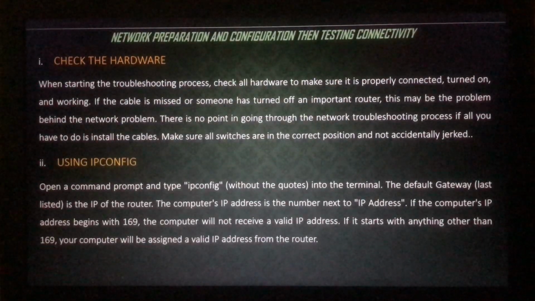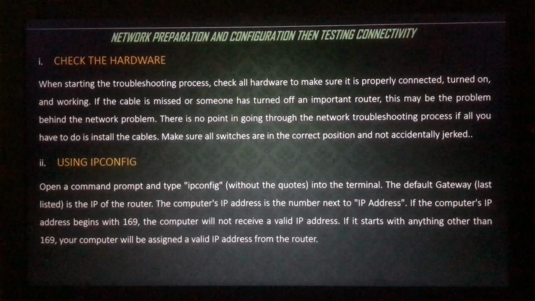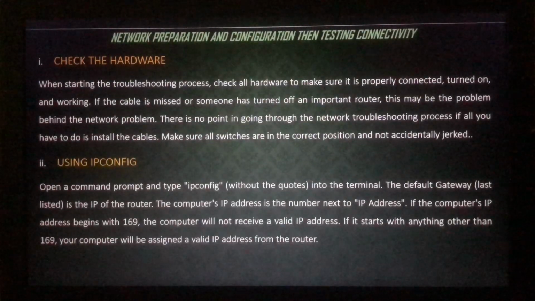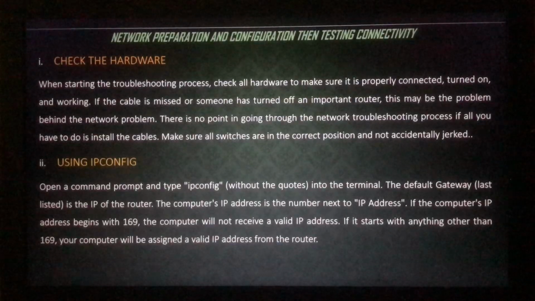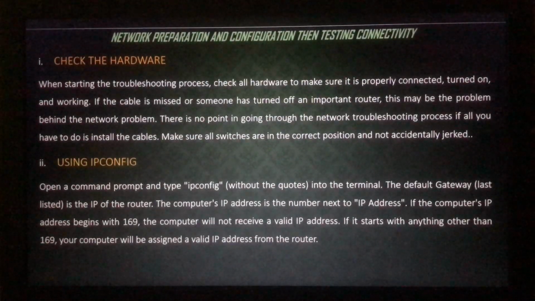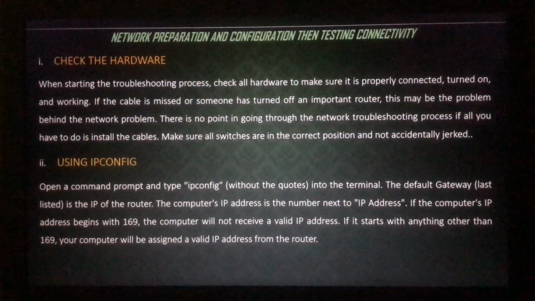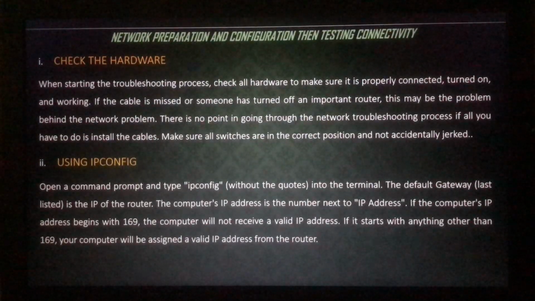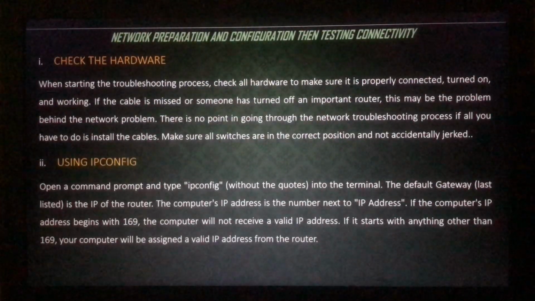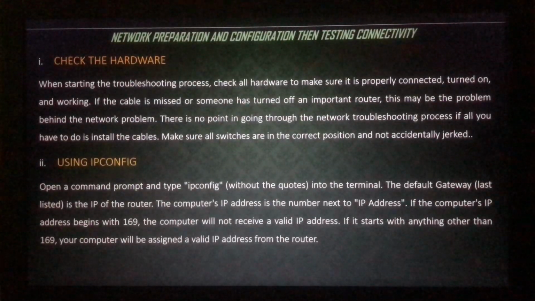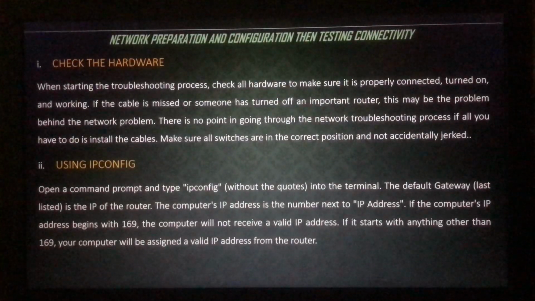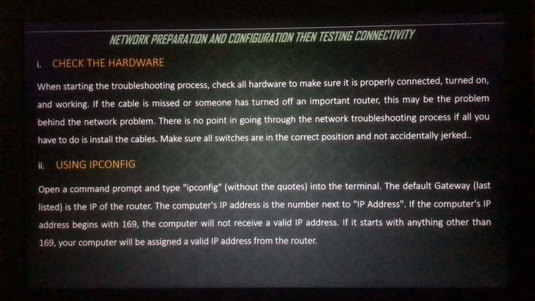The computer IP address is the number next to IP address. If the computer IP address begins with 169, the computer has not received a valid IP address. If it starts with anything other than 169, your computer has been assigned a valid IP address from the router.